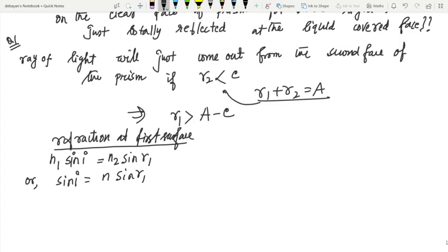And now if you put the value that A is 60 and n is given as 1.333, then I is sine inverse of sine 60 root of 1.333 whole square minus 1, minus cos 60, and if you calculate it, it may come like that.